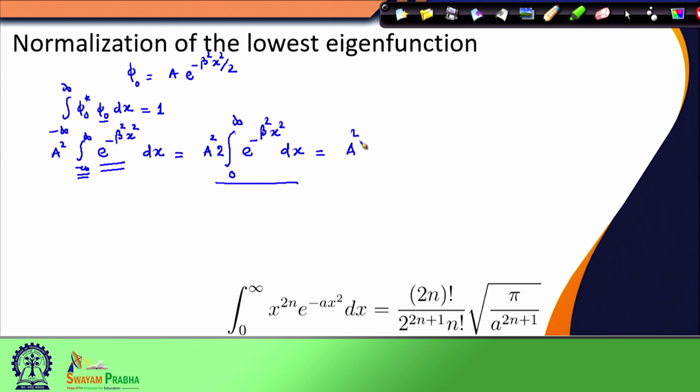So, I have a square times 2, and the result of this integration is going to be, if I look here, this is the form of the function x to the power 2n e to the power minus a x square. So, here n is 0 because we have no term with respect to x. So, this is n is 0, e to the power minus a x square, where a is simply beta square. So, when I apply this I would be getting the result.